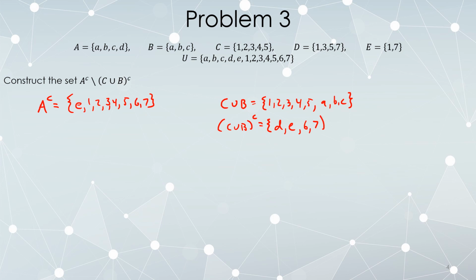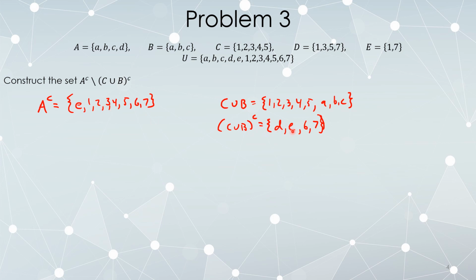Now for the difference of two sets, this set minus this one, I'm going to take everything that is in this set, but I will remove anything that I find here. Okay, that should have been a brace, my bad. So out of E, 1, 2, 3, 4, 5, 6, 7, I'm going to remove D, but hey, that wasn't there to remove anyway.